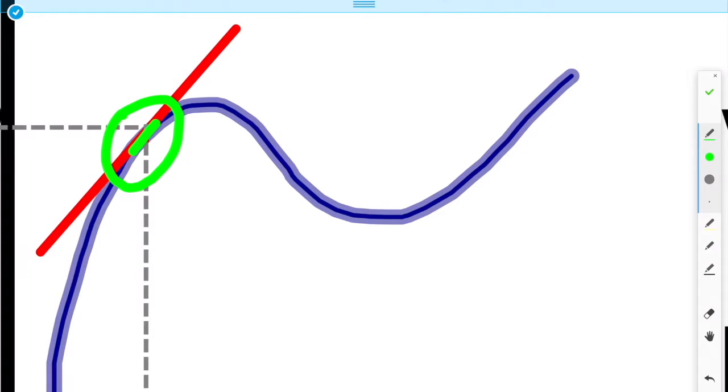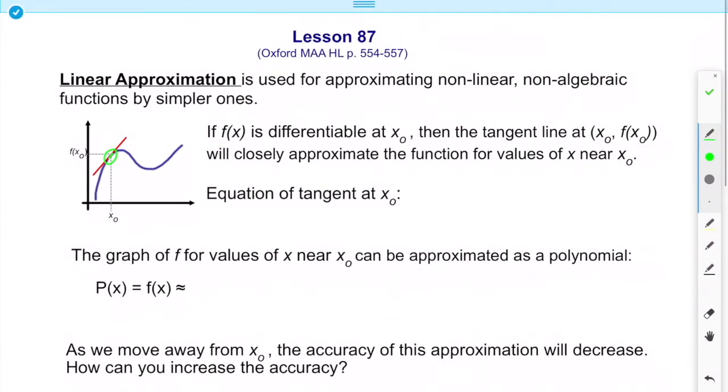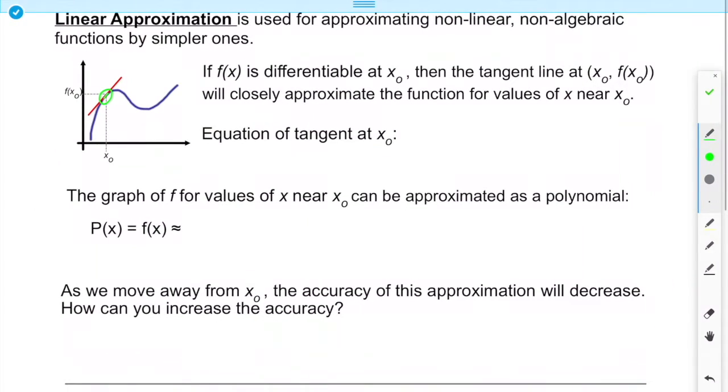So this is what we mean by linear approximation of a curve. Because we're looking at a very small section of a curve and treat it almost like a straight line, because we know that a linear relation is very easy to work with. So let's see how this works out.